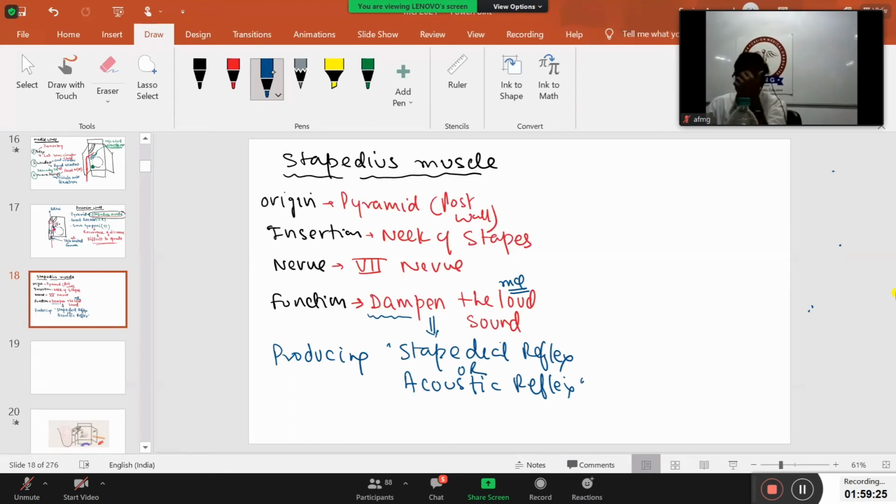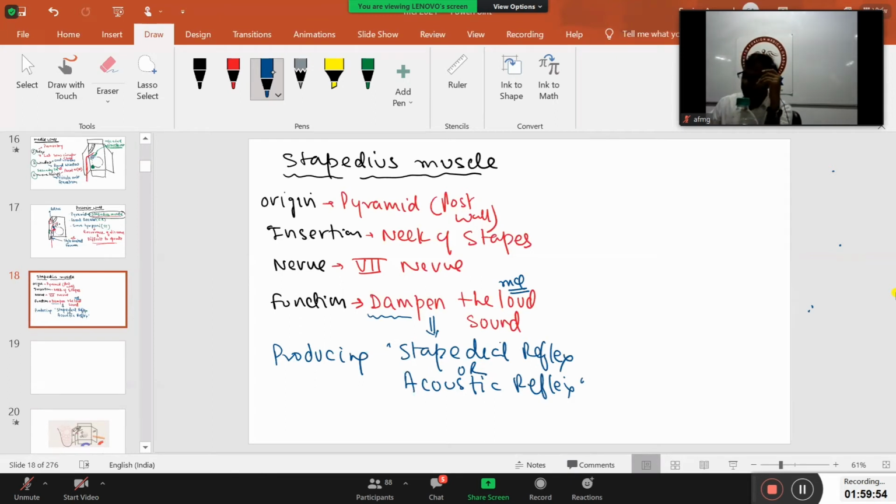The stapedial reflex or acoustic reflex is produced by this muscle, and this reflex will dampen the loud sound. So all connected names, because it is inserted in the stapes, the name is stapedius muscle, and because it is producing a reflex, this is called the stapedial reflex because of the muscle. So all these names are related.